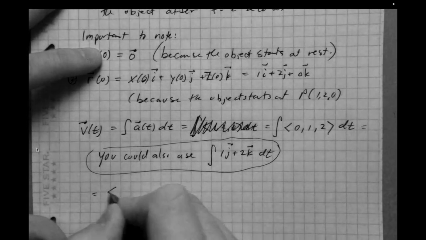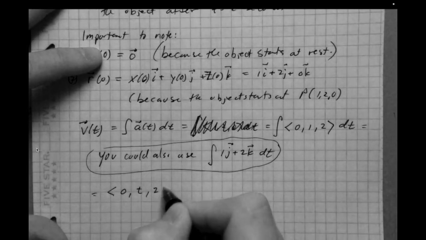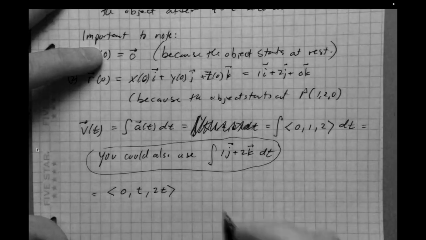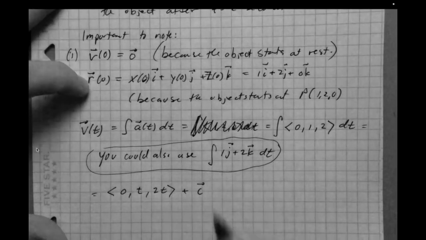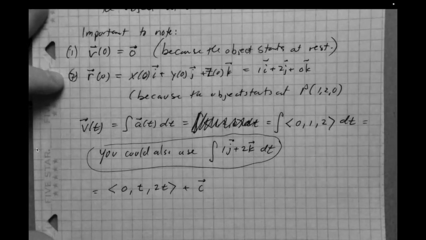Yes, we surely can. This would be 0, comma, t, comma, 2t. And then very importantly, plus a constant vector. This is where we need to figure out what this constant vector is before we can integrate velocity to get position. That's why we need the initial condition.